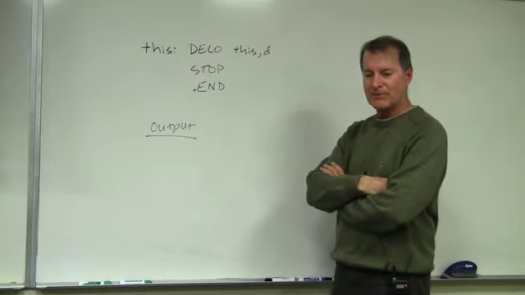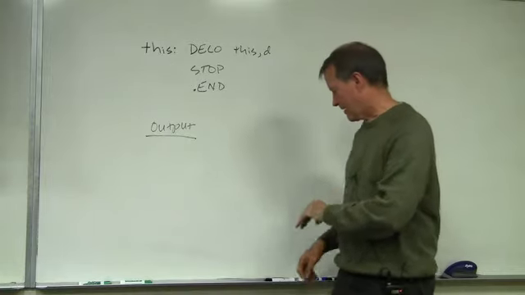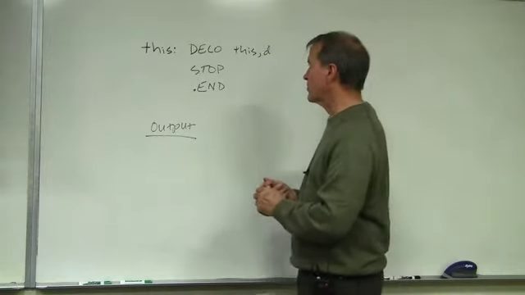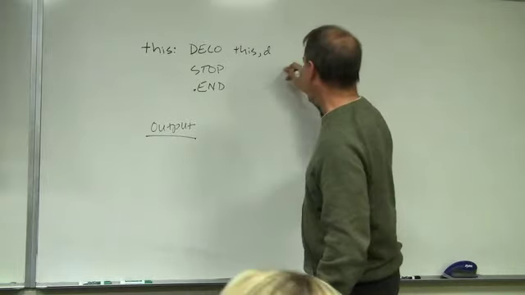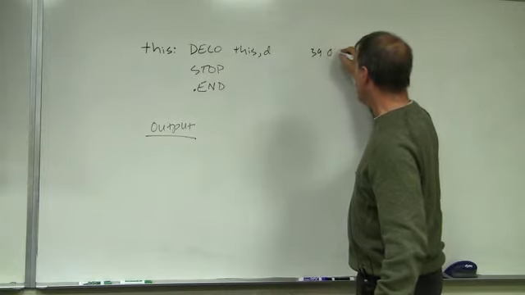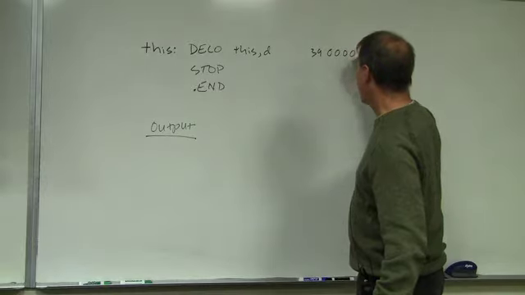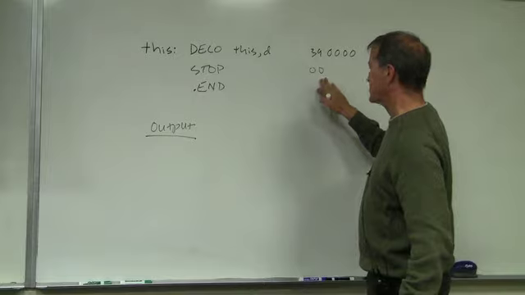It's 3.9, because 3.9 is direct. So this would be 3.9, so the object code would be what? 390000. We need to know where it is in memory. That's what it would be, right? Yeah. And then stop would be 00, and that would stop, right?